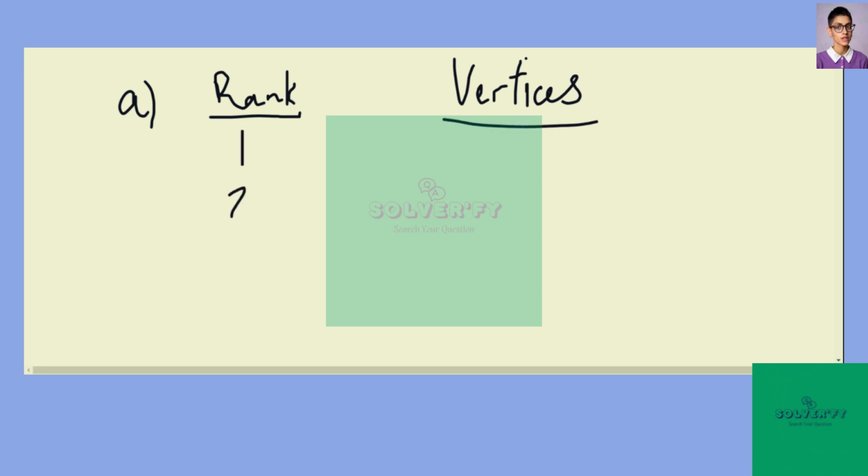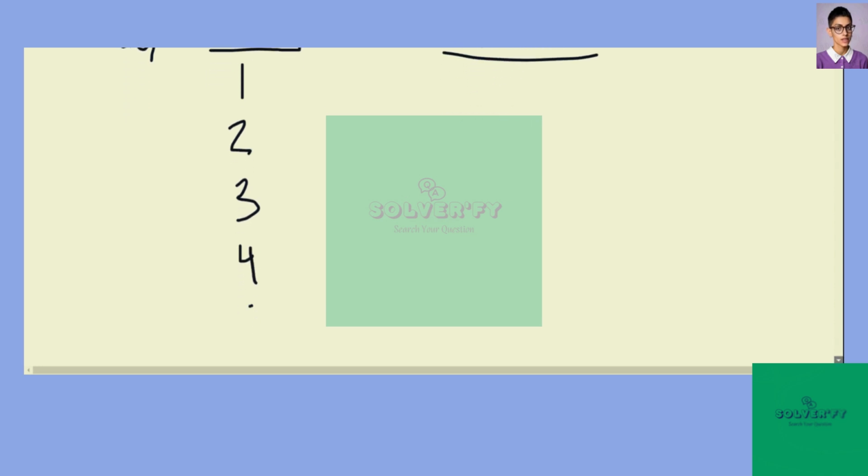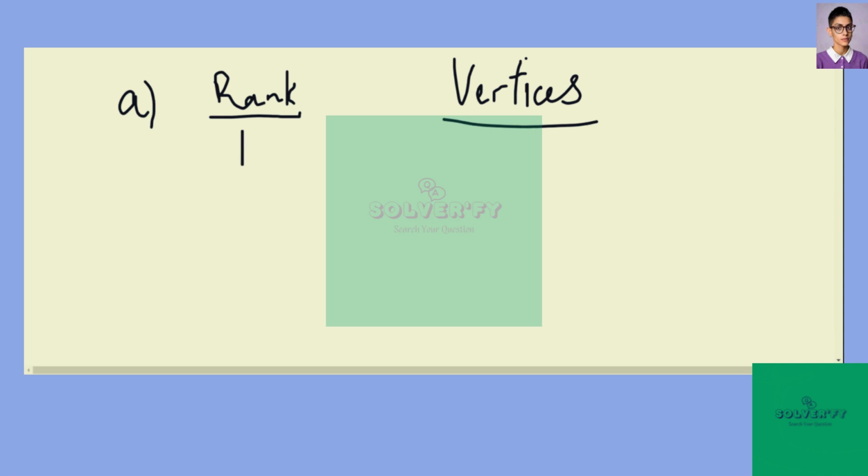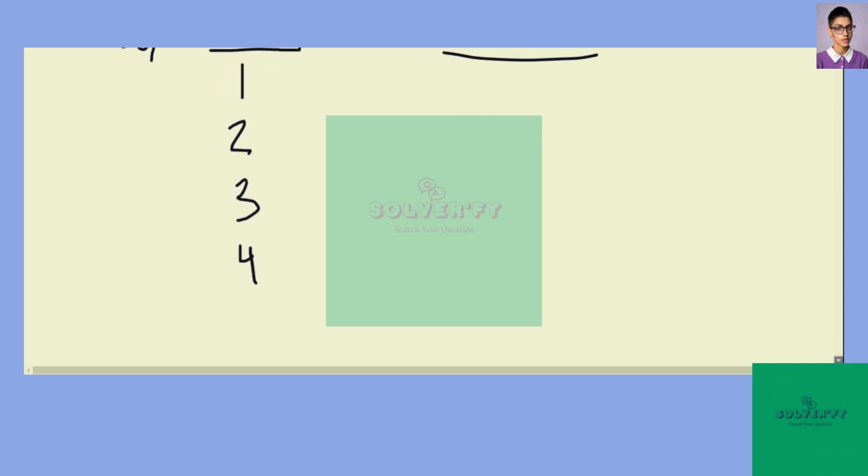On the one hand, we have the rank that we're going to give the vertices. On the other hand, we have the descriptions of the vertices. So we have ranks 1, 2, 3, 4, and 5 for the 5 different cities in figure 1.